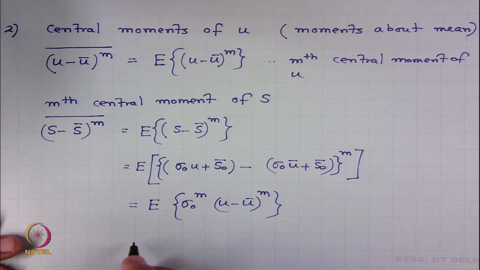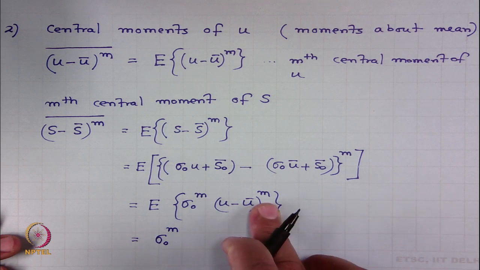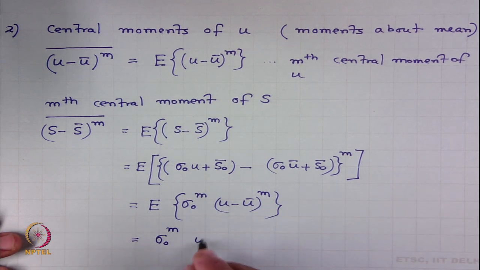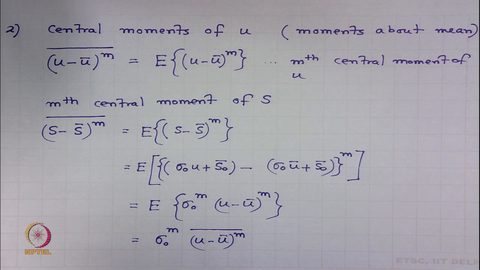This is a constant, it will come out of the expectation, leaving the mean of u minus u bar to the power m. So, for different values of m, you will be able to find out the central moments of S and u.